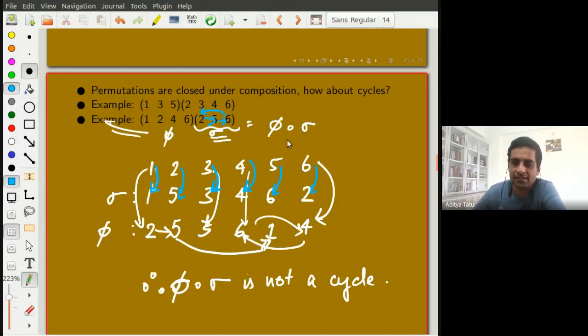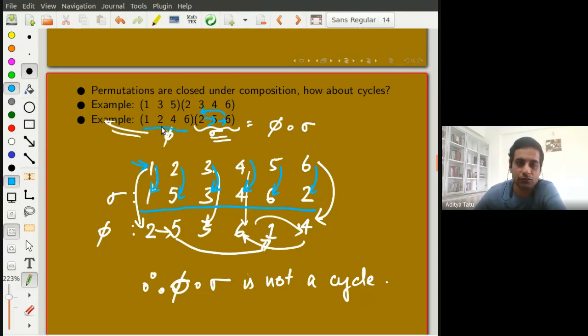Now, as happens in function composition, the second function will operate on the result of the first function. So this row over here is the result of the first function. So we should start from this, not from this row. Okay, so what does phi do? Phi is this cycle.